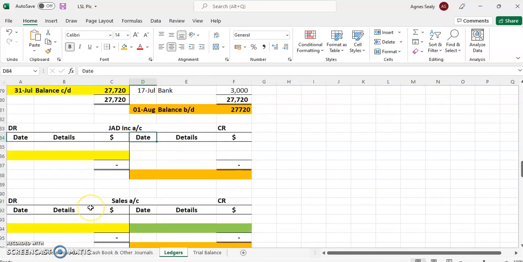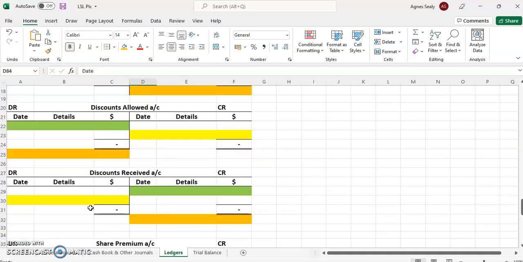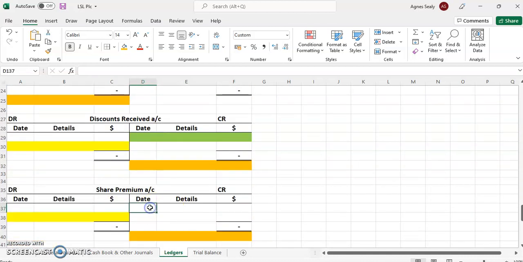So we go to the share premium account as well. We record the extra money they received, because the bank account is debited with the $1,000 for the share premium. So the share premium account on July 17th will be credited for that $1,000.